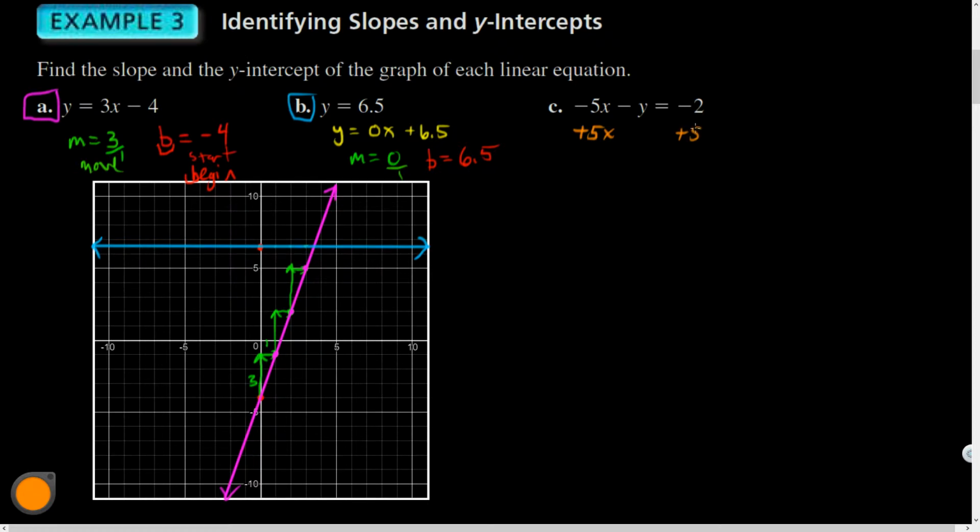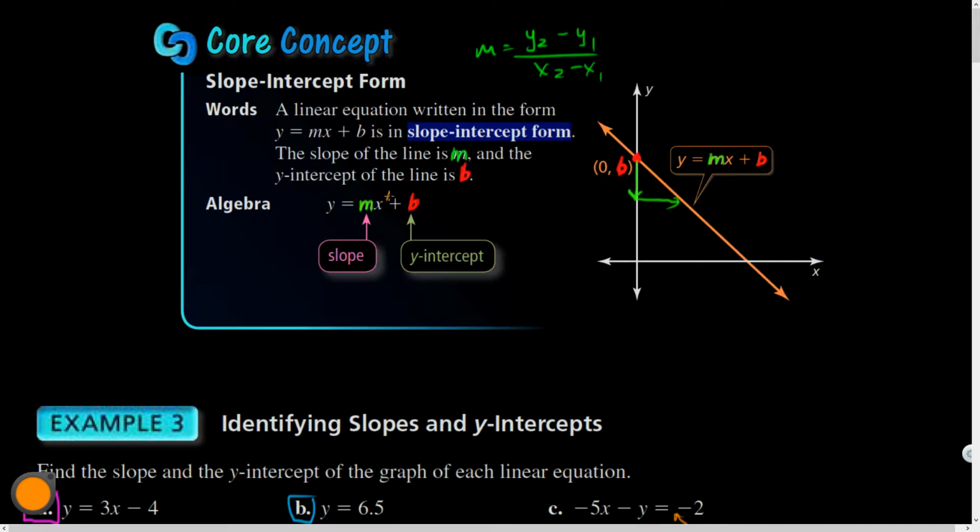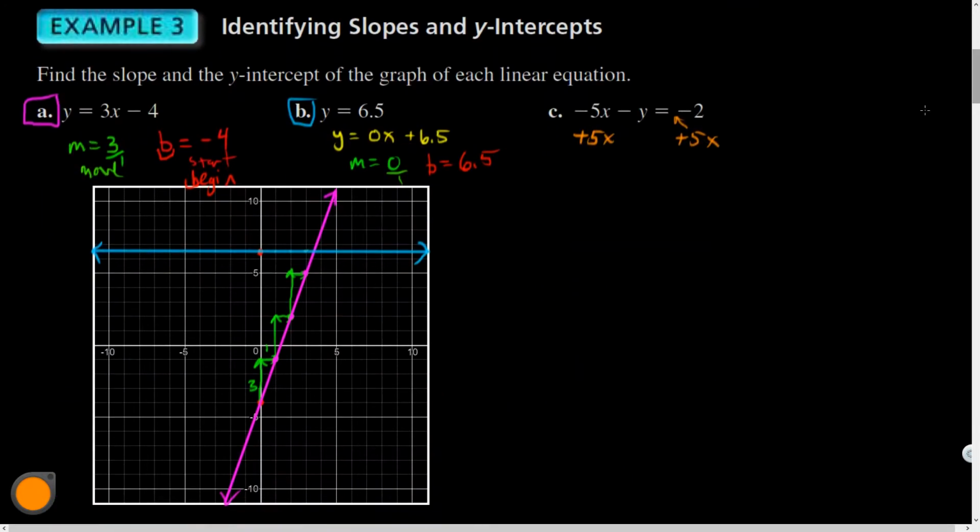I'll add 5x to both sides. Now, Jake, you'll notice that I wrote plus 5x underneath this negative 2, but they're not like terms. I just know that I want to put it in front of the constant, because notice that the mx is in front of the constant in slope-intercept form. So I'm kind of pre-planning that. So I'm going to have the opposite of y equals 5x minus 2.